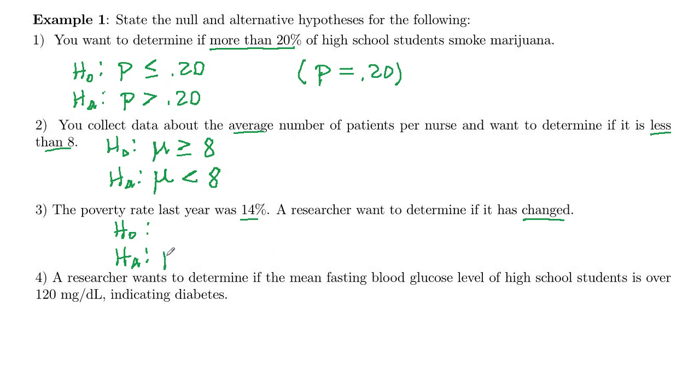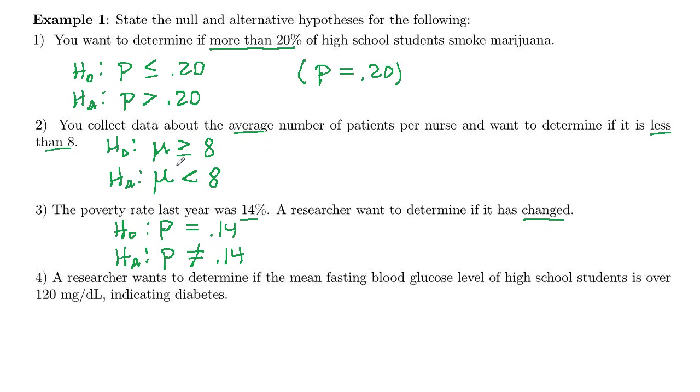HA is what we want to show is true. So if it's changed, then that proportion P is not going to be equal to 0.14. If this is not the case, if nothing's happened, then this will just be P equals 0.14. So an expression and its opposite.